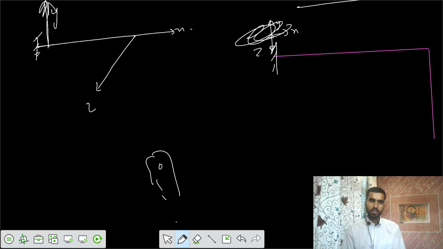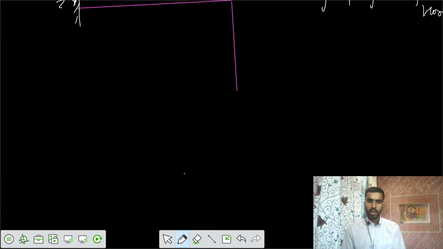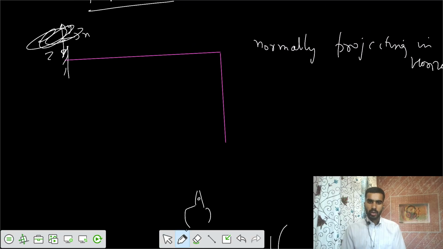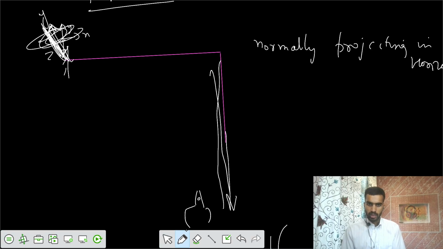Earlier you saw this is Y, this is X, and this is Z out of the plane. But in this way, you are looking here. So this is your Z, upwards is Y, and in your line, this is your Z and this is X.